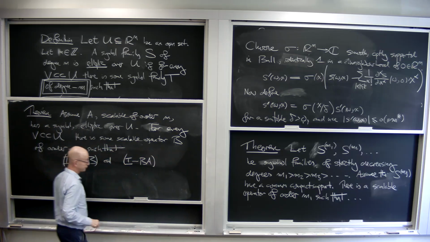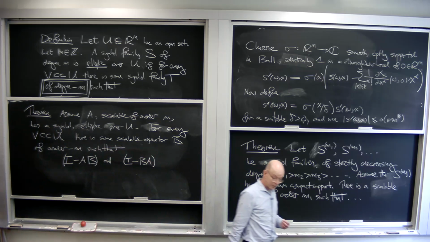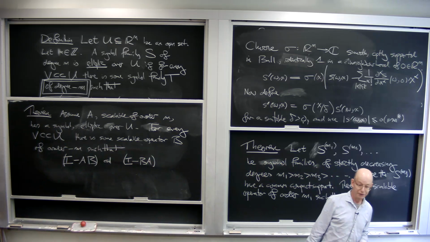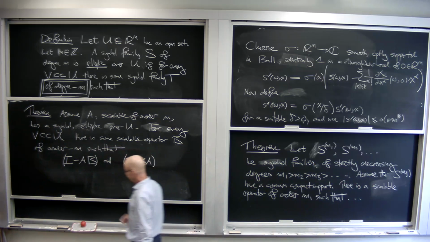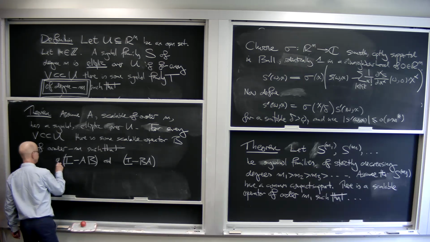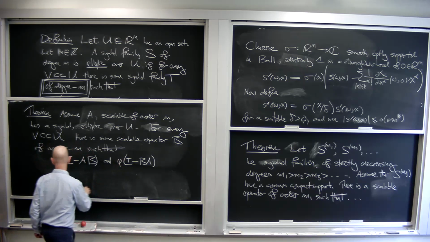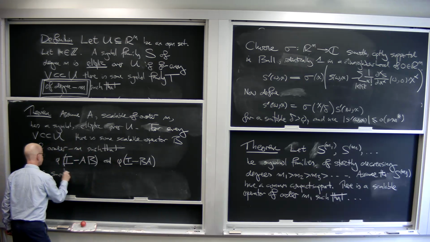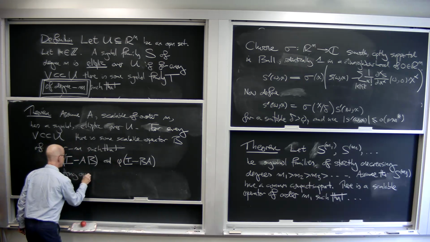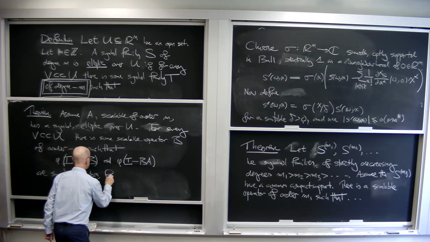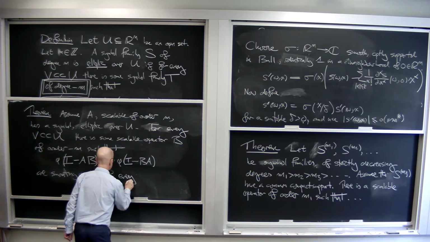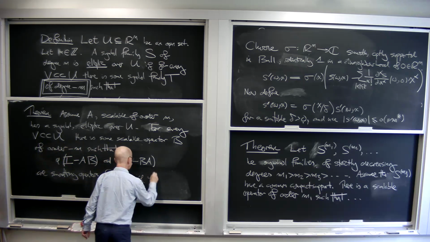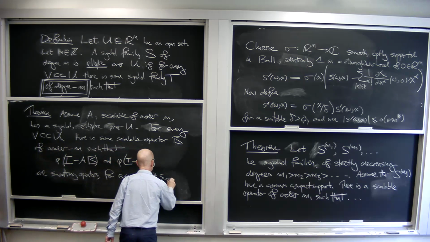Well, if it were to invert A exactly, it would mean that these operators are 0, and that wouldn't give me any place to tell you anything about U or V. So I need to stick in some phi's here, so that these guys here are smoothing operators, for every phi smooth compactly supported function whose support is in V.